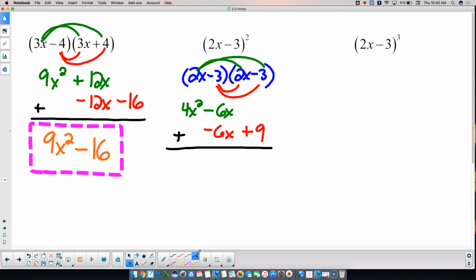Second one, I got 4x squared minus 12x plus 9. That's a good one.